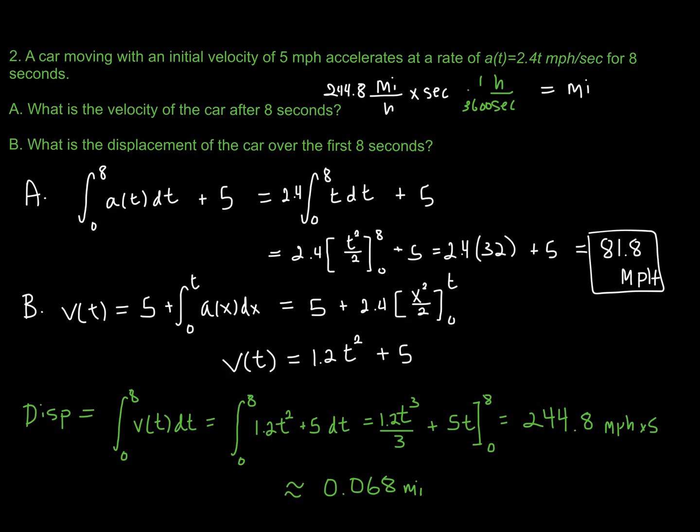And you might say, okay, well, does that make sense? Well, it's certainly feasible, it seems like. And you could convert this to feet, and you'd get approximately 359 feet, which I think makes a little more sense since you've only been traveling for 8 seconds. The displacement, or the change in position from 0 seconds to 8 seconds, will be approximately 359 feet. All right, at this point, go ahead and move on to homework 7.09.